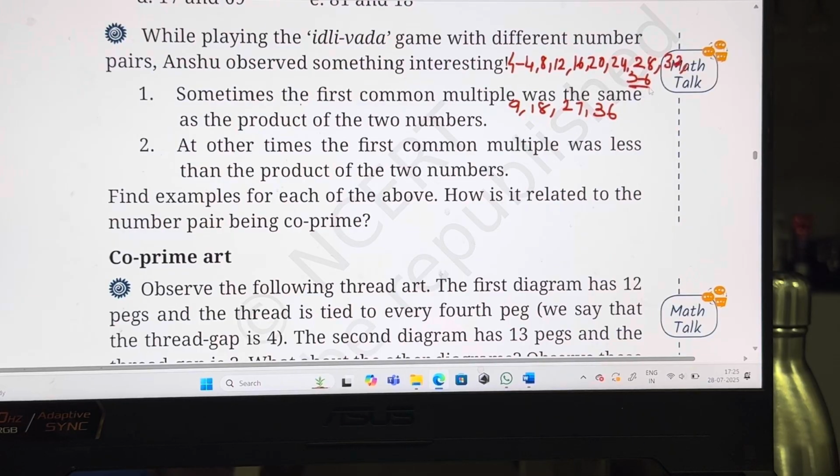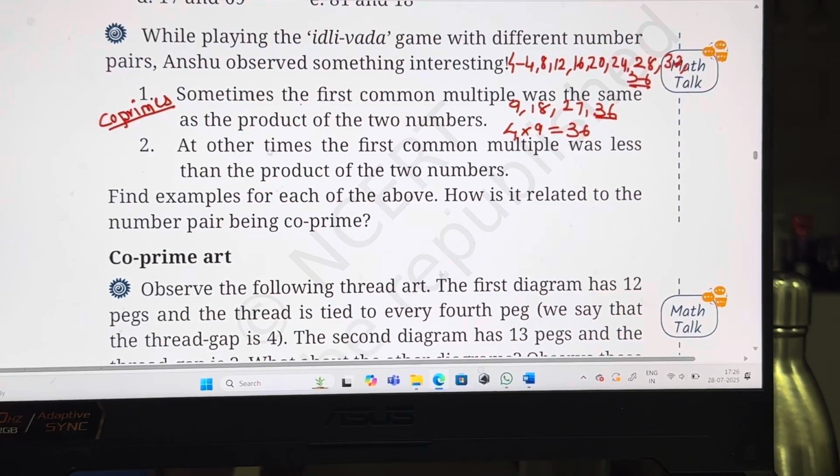So the first common multiple is 36, which is their product. 4 nines are 36. Now what is special about 4 and 9? They are co-prime numbers. So whenever the numbers are co-primes, if they do not have any other common factor, then their product will be their first common multiple, that is their LCM, least common multiple. This is very interesting and important.